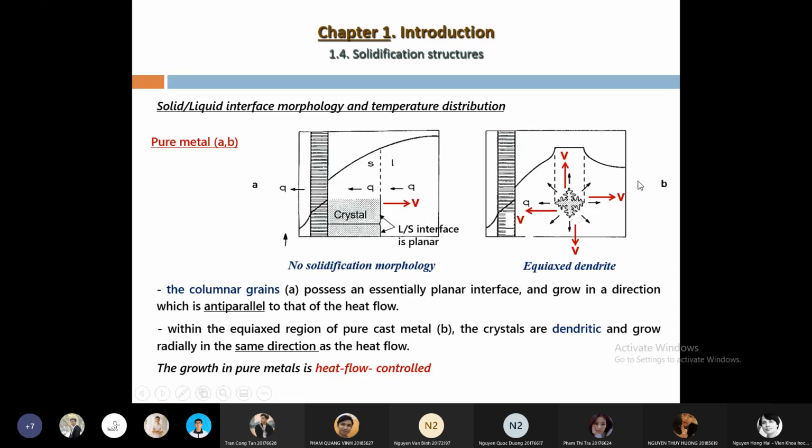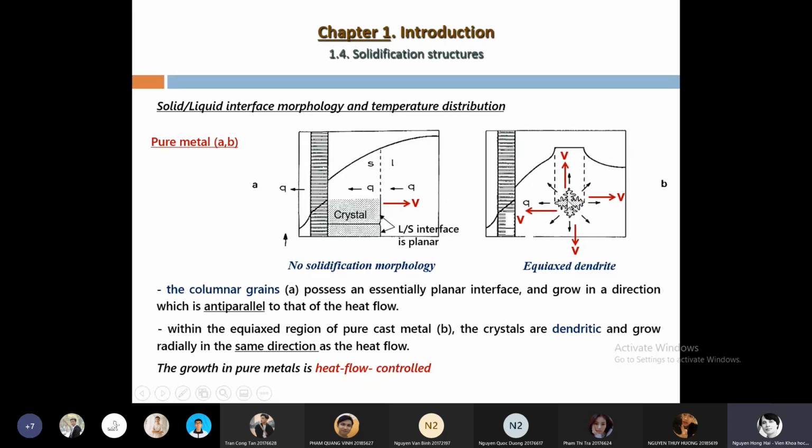But in the case of the aqueous solution, the crystal is embedded in the melt, and they can develop only if we can extract the heat. Okay, and we know that heat is transferred from the location with higher temperature to the location with the lower temperature.